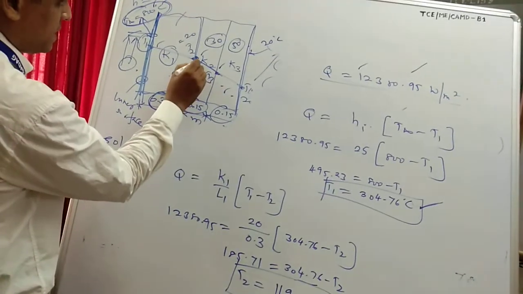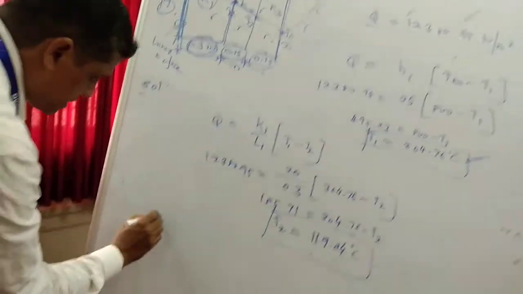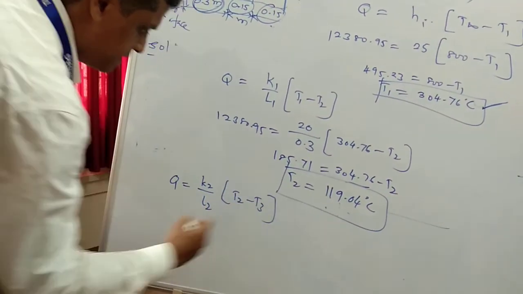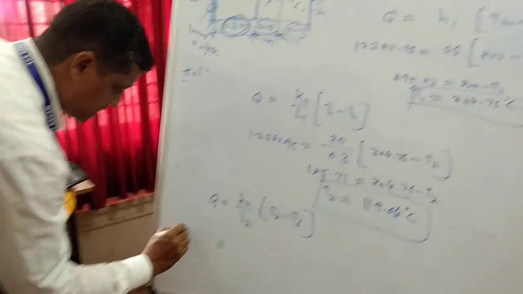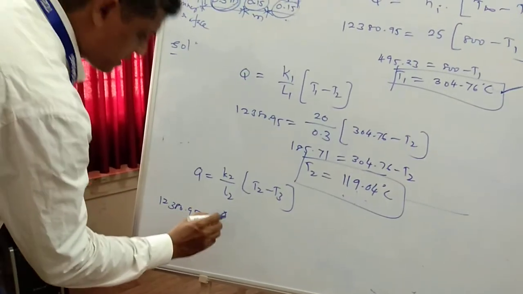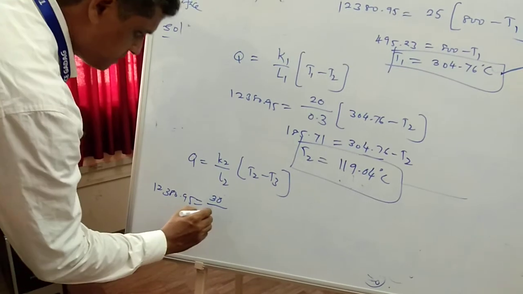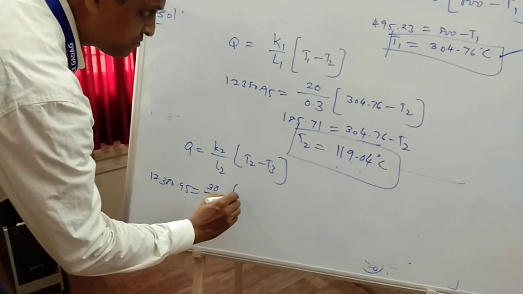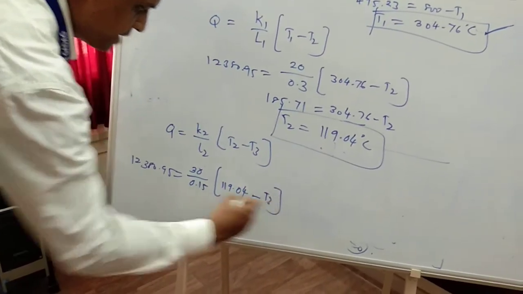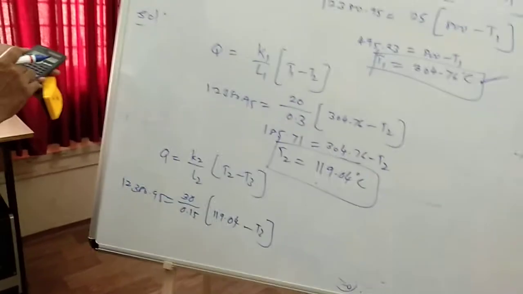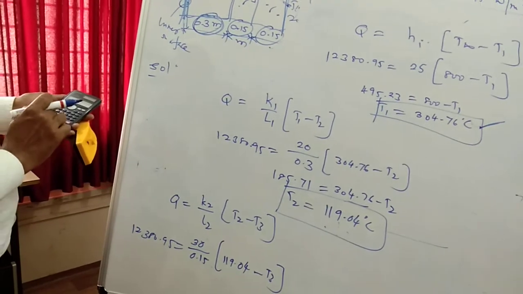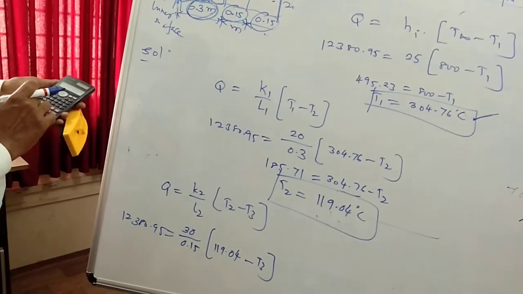Now next come to T3. Now T2 to T3 is also subjected to conduction. Now we will use Q is equal to K2 by L2 into T2 minus T3. What is the Q value, heat flux? It is 12,380.95. K2 value is 30, and L2, the thickness of material 2, is 0.15, and T2 we have just calculated 119.04 minus T3. Okay, now calculate for T3. We will get 0.15 into 12,380.95, divided by 30.